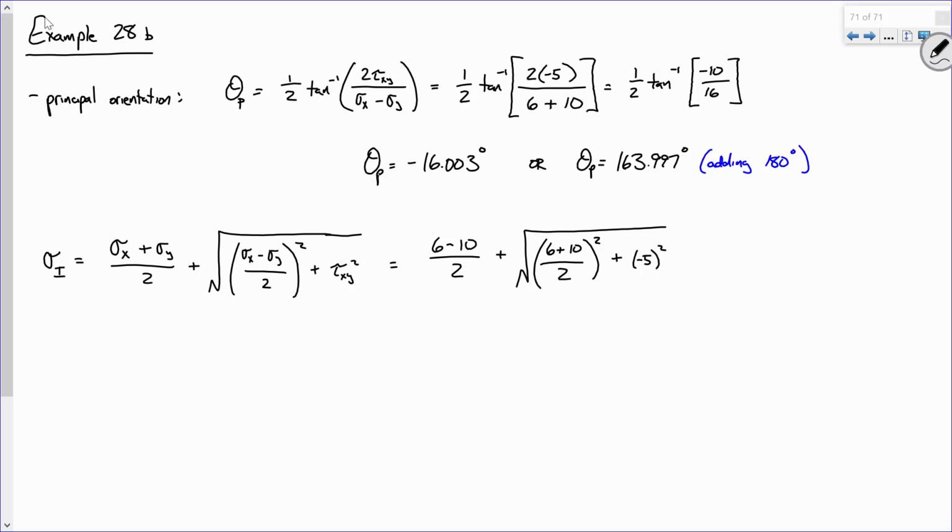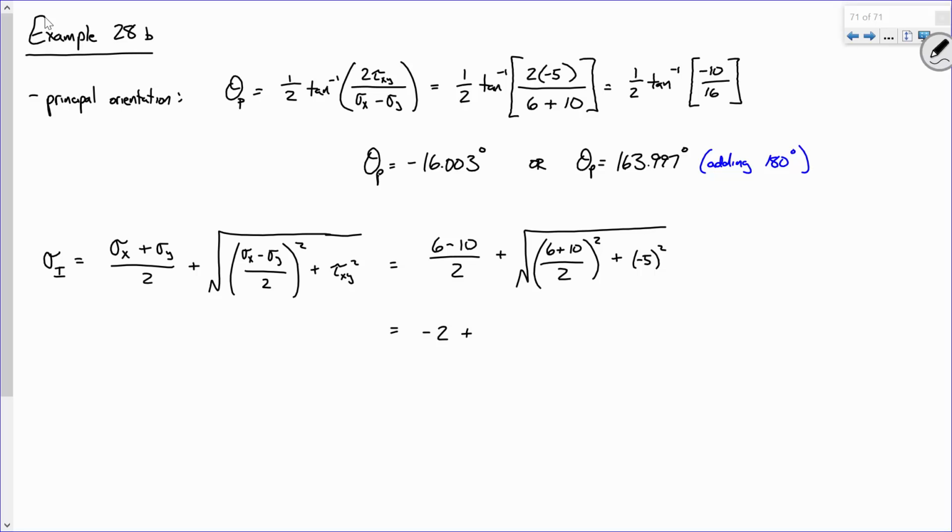Square root of 89. Okay, all right. Let's do this, and there's a reason why. Let's start off: 6 minus 10, that's what? Negative 4 over 2, this is negative 2. Plus, and then you said what, the square root of 89? Yeah. So let's see, that's 64 plus 25, yeah, square root of 89.